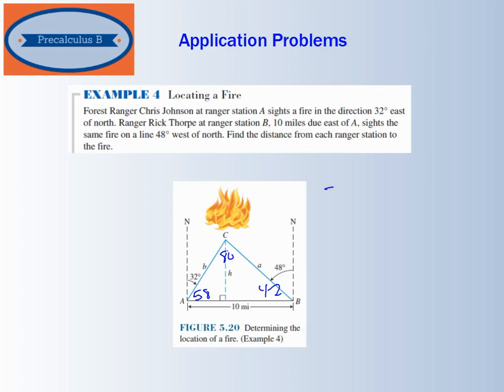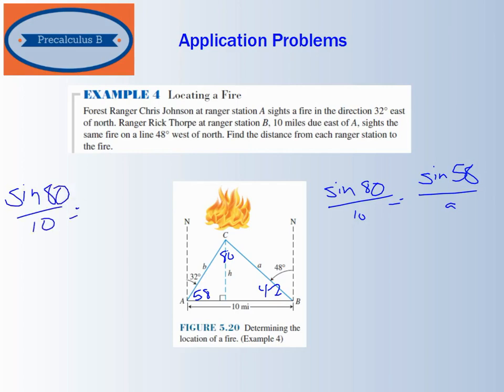So I could now say sine of angle C, which is 80, divided by 10, is equal to sine of angle A, sine of 58 degrees, over A. And that will tell me the distance from Ranger Station B to the fire. And I could set up the same thing, sine 80 over 10 is equal to sine 42 all over side B. We could solve for the variables and then solve for the distances.